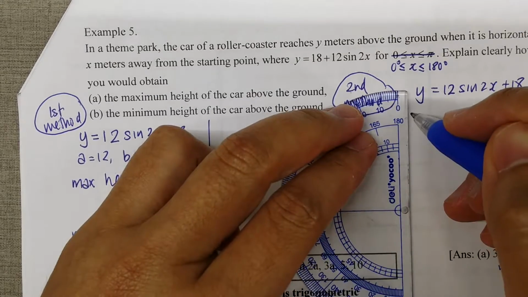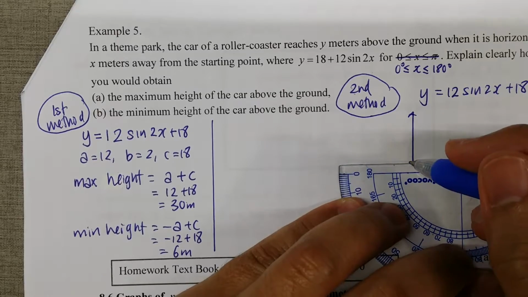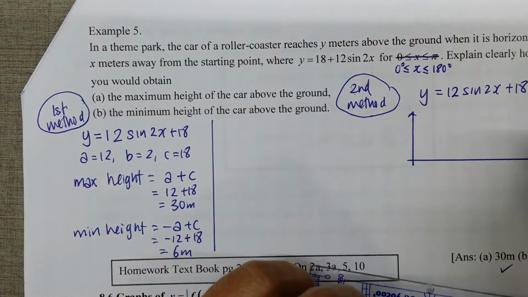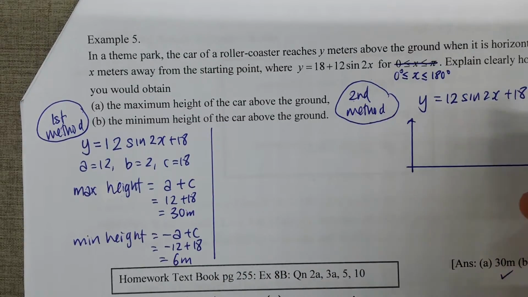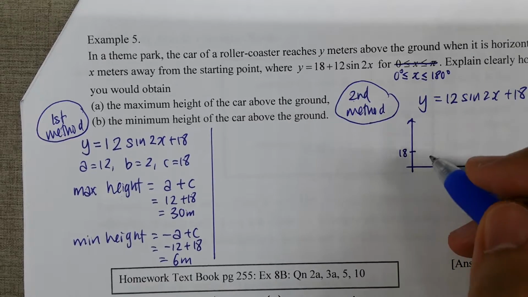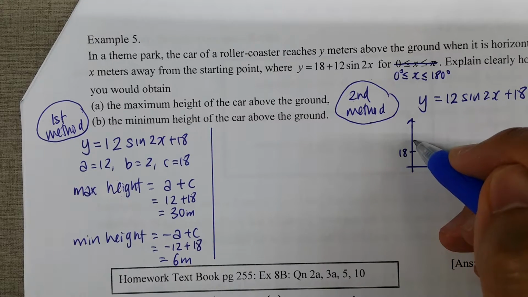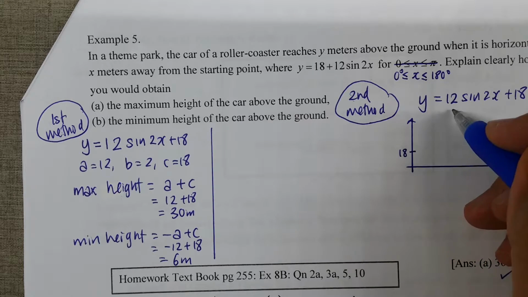I'm just trying to explain more to you how it works. Okay, so it should start with 18. It should go as high as 30, because plus 12.